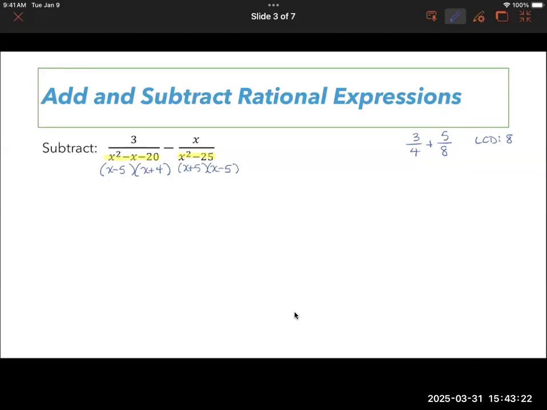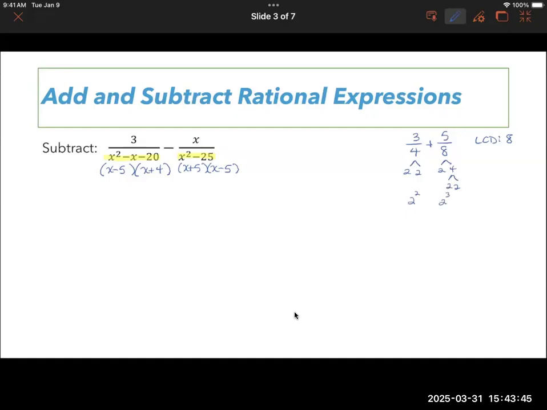Now, if you remember with numbers, we can break them down into their prime factors. So 4 would be 2 times 2, and 8 would be 2 times 4, breaking down the 4 more. So we would have a 2 squared compared to a 2 cubed.